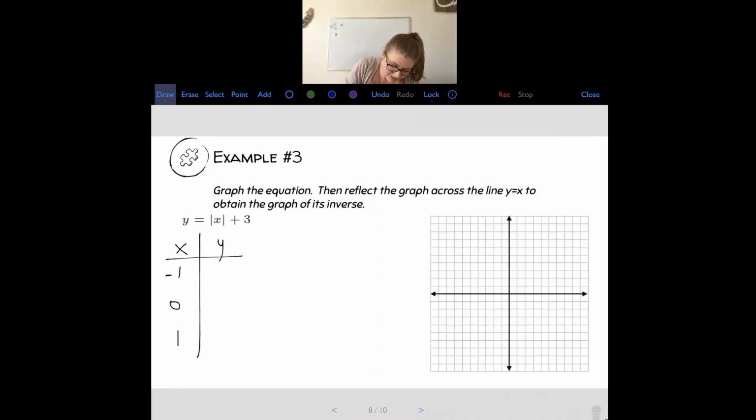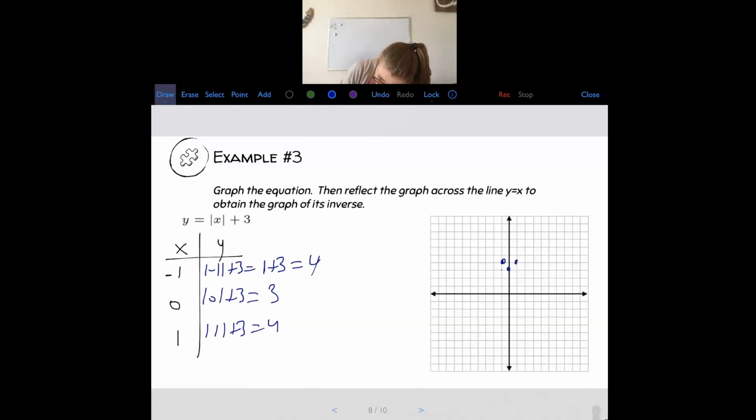If we plug in x = -1, we'd have the absolute value of -1 plus 3, which is 1 plus 3, which is 4. If we plug in 0, we get 3, and if we plug in 1, we get 4. So for the graph of y = |x| + 3, we have a point at (-1, 4), a point at (0, 3), and a point at (1, 4).